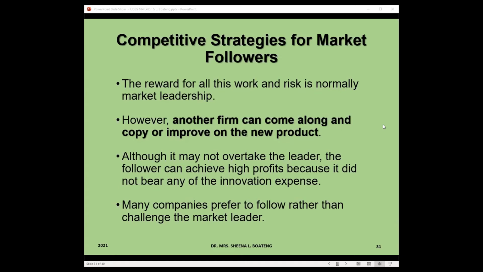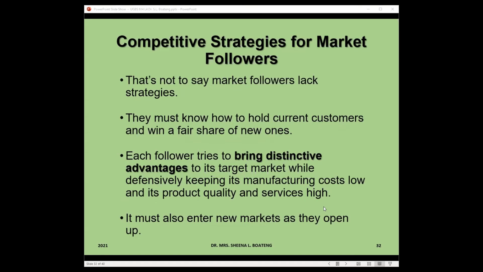Now, this is not to say that a market follower does not have a strategy, because most of the time in taking portions of these ideas, they have to have a strategy or a means by which they're going to refine or add on to these elements they have copied in order to be able to carve their own place in the market, right? So when we talk about market followers, they would usually copy here and there, but they will try to bring their own distinctive advantages to the target market by adding on to what they have copied, right?